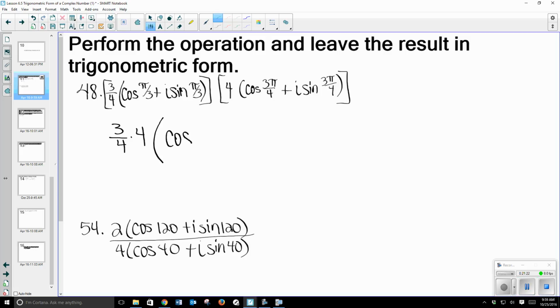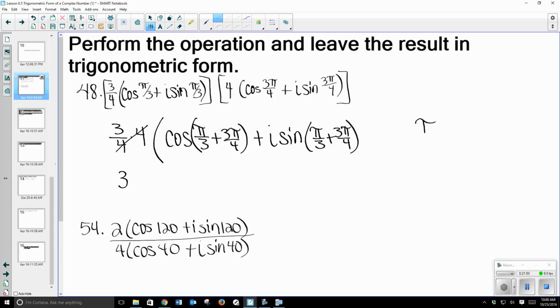And then this would be cosine of pi over 3 plus 3 pi over 4, in parentheses, plus i sine of pi over 3 plus 3 pi over 4. So we have 3, and then let's go to the side and add together pi over 3 plus 3 pi over 4.